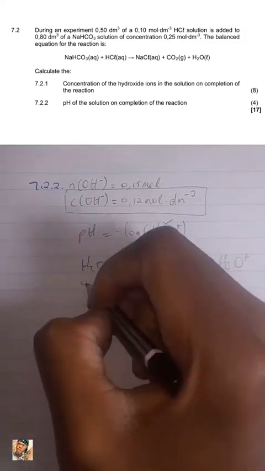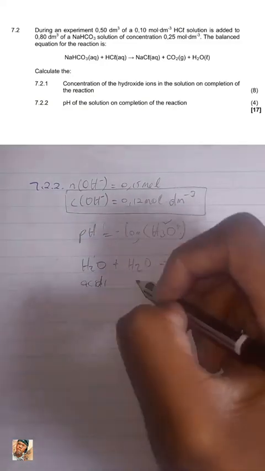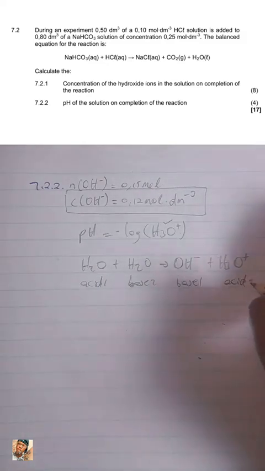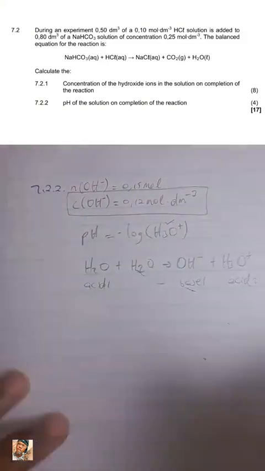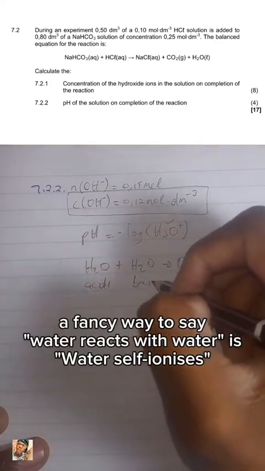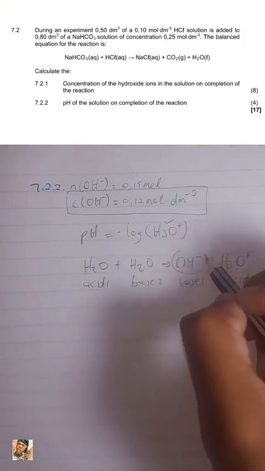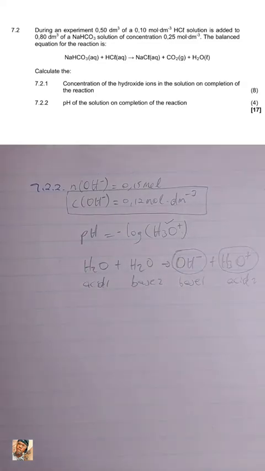One water is acid 1, giving us base 1, and the other is base 2, giving us acid 2. Those are the conjugate pairs when water reacts with water. You can see that the ratio of hydroxide ions to hydronium ions is 1:1.